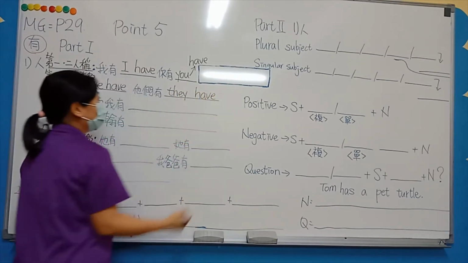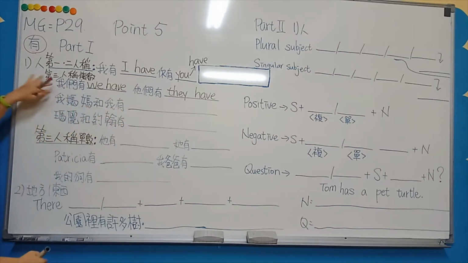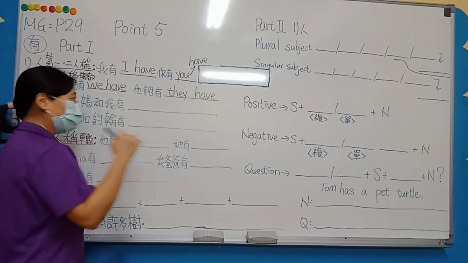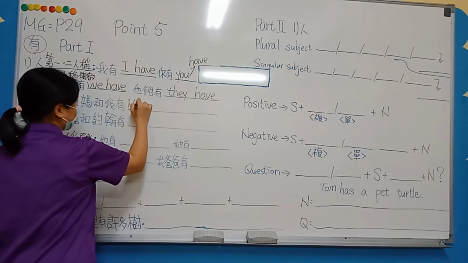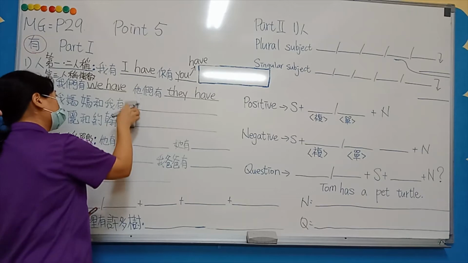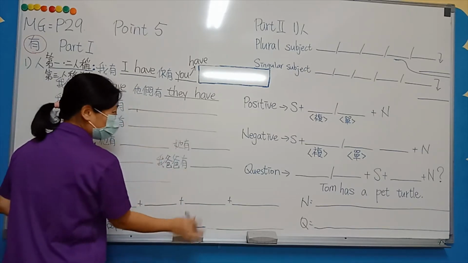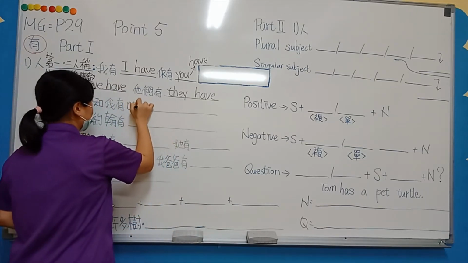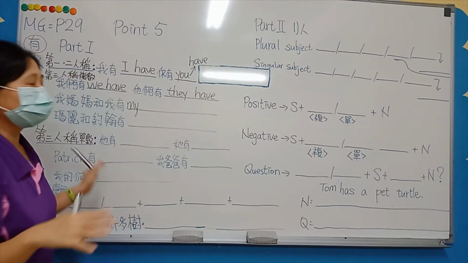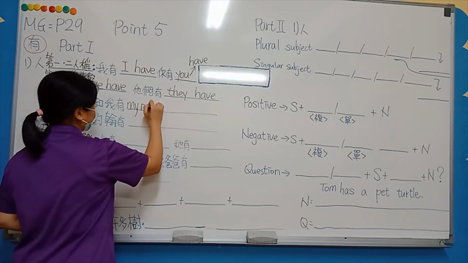That's why I put down the plural number 3 here. 我的妈妈和我有, this one is plural number 1. So, my mother. Here is okay, small, even capital is okay, because here is not a sentence. Also I write down the small one. My mother.